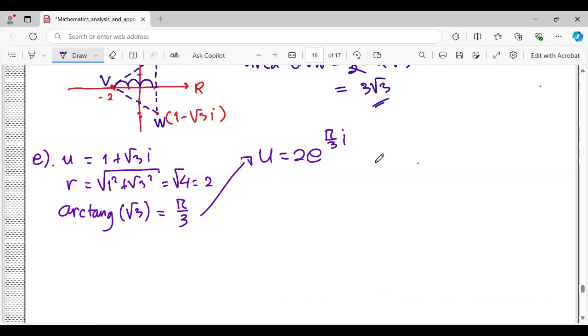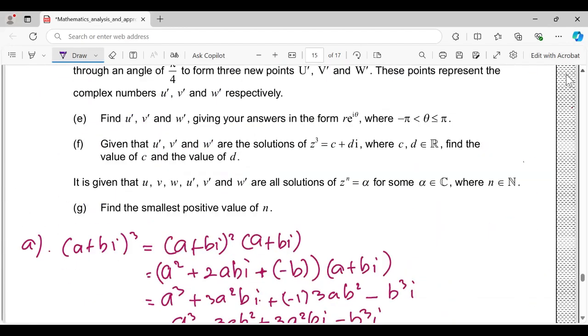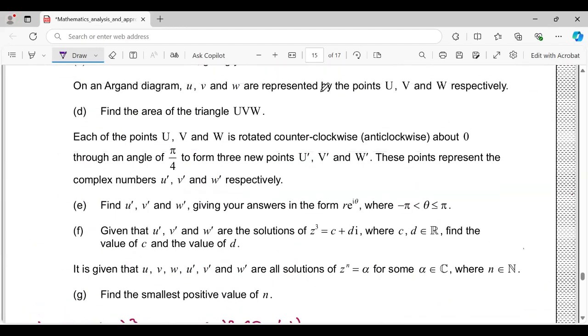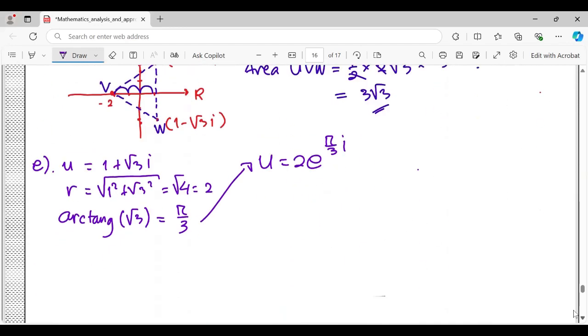And then, according to this information, that it is rotated about 0 through an angle pi over 4. Okay. It means we have to find u', the image of u.